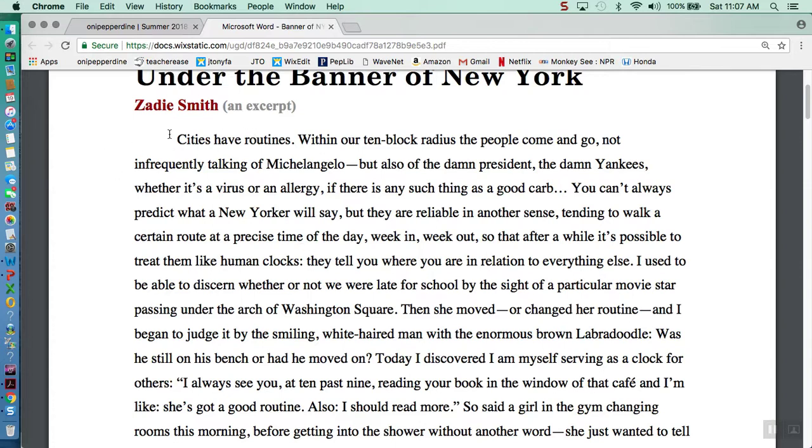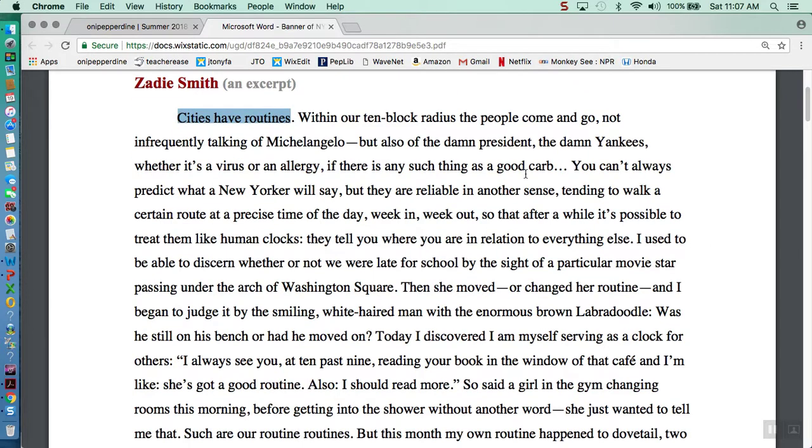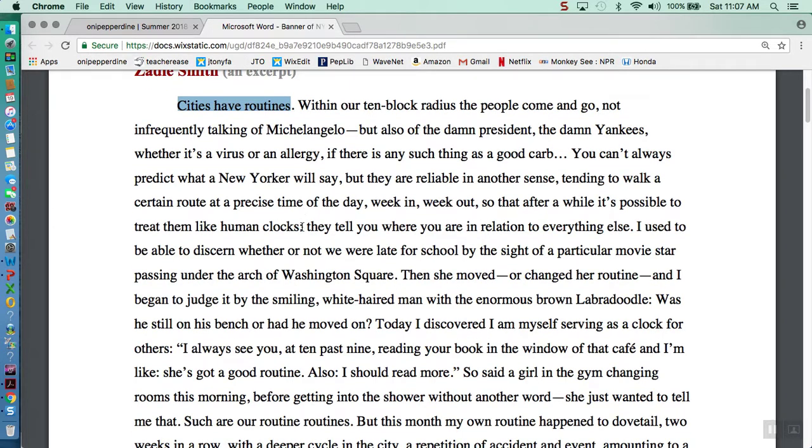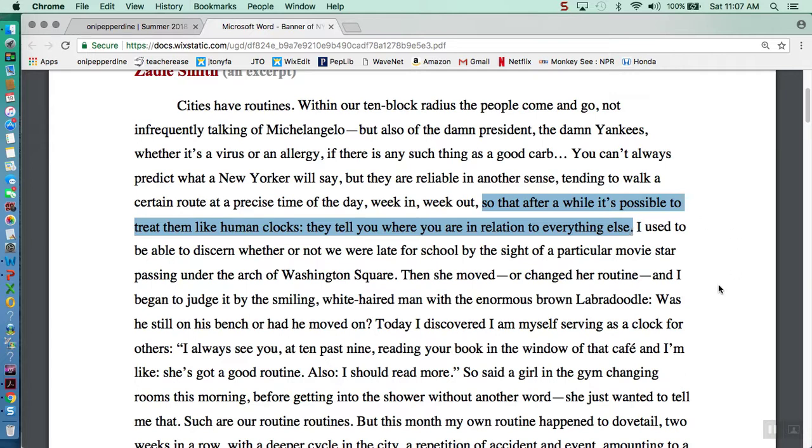So the concept of routines is established right off the bat, and then we have this series of routines, right? All these different things that are going on. The idea of how you can see this concept of human clocks. They tell you where you are in relation to everything else in regard to the citizens that you pass daily in New York, right?